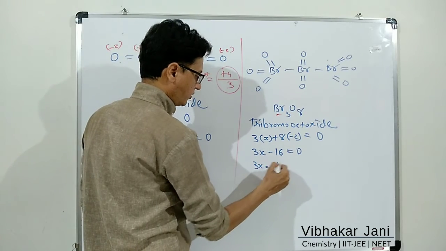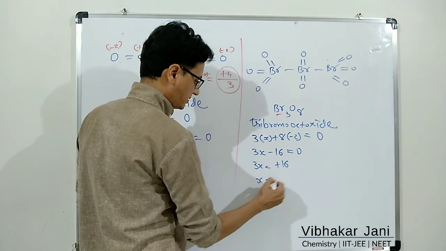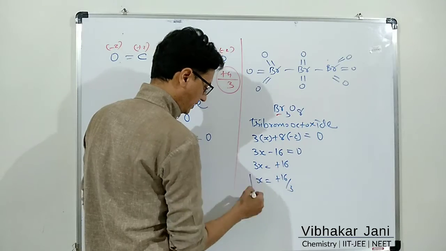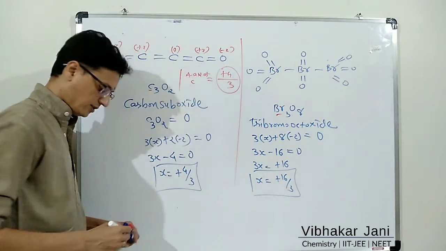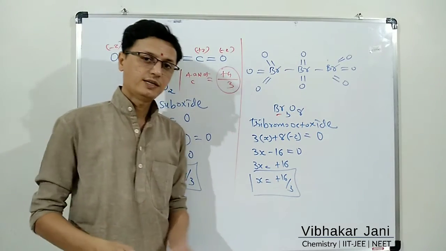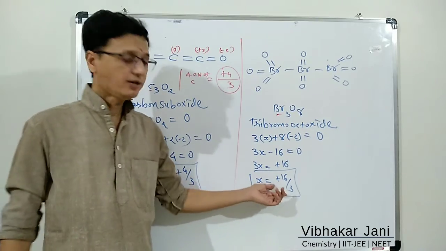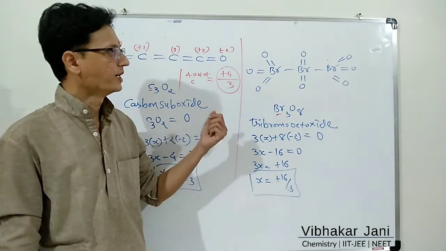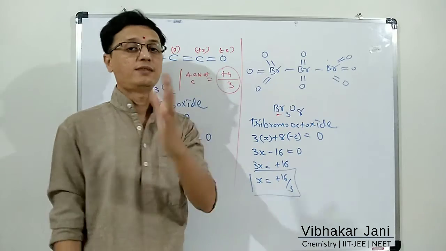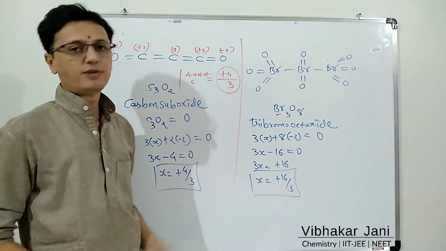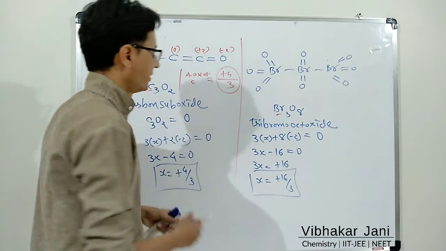So 3x is equal to plus 16. So x is equal to plus 16 divided by 3. Now this is also a fractional number, so obviously it is an average oxidation number of bromine. So all bromine are not having the same oxidation state. They are having different ones. Now let us count.